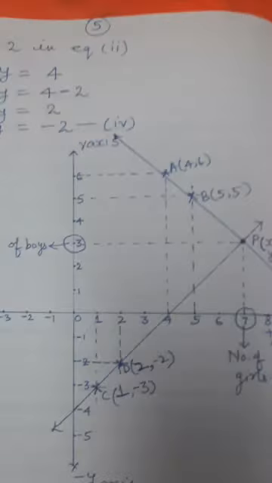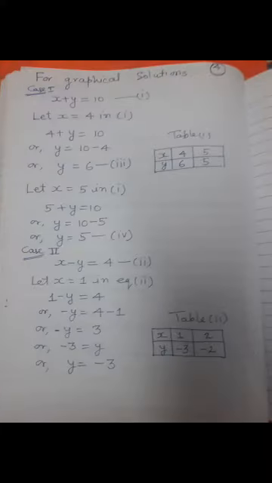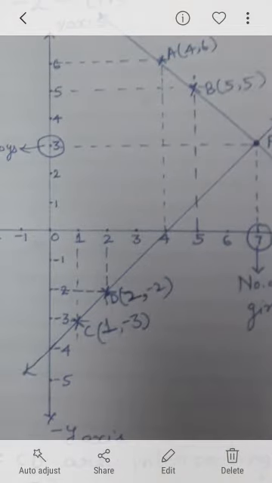Now we will plot the second point of the first table. When we have taken the value of x as 5, then the value of y is also 5. Now we have to plot this one. See here. Value of x is 5. Positive x-axis. This one is 5. We will draw a vertical line from this point 5. And at the same time, we have got the value of y also as 5.